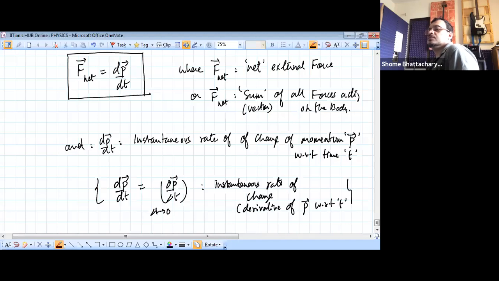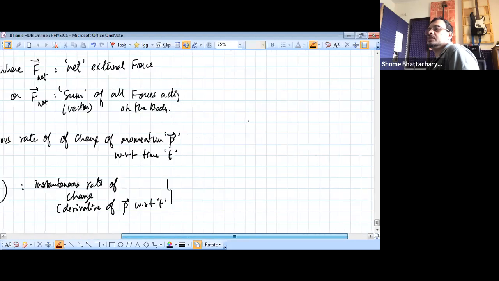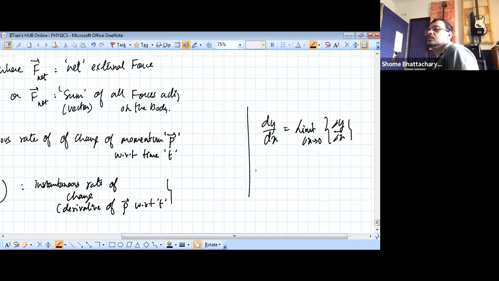This is coming just from the calculus definition, like we've studied in calculus, that dy by dx is the limit as delta x tends to 0 of delta y by delta x. For example, if y is equal to x to the power n, then dy by dx becomes nx to the power n minus 1.